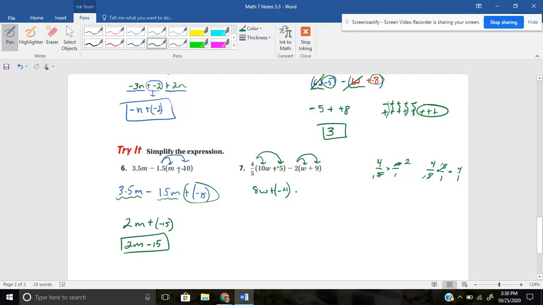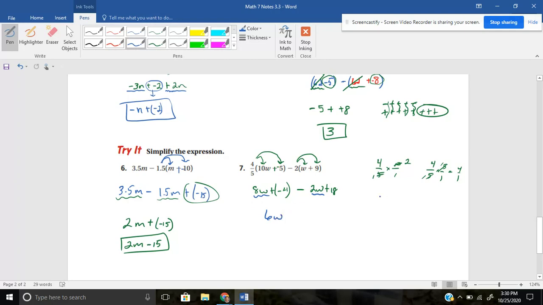And I'm going to subtract 2 times w is 2w. And then 2 times 9 is 18. Okay, what like terms do I have now? I've got 8w minus 2w, which would give me 6w.